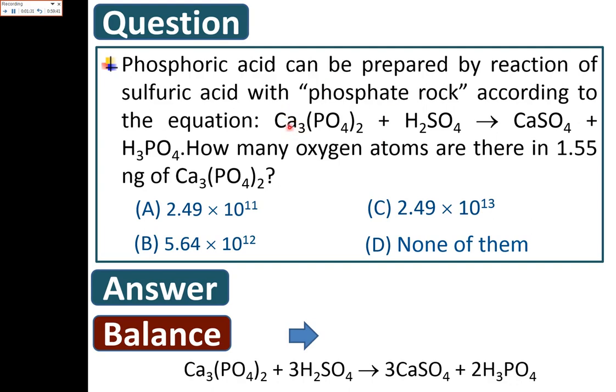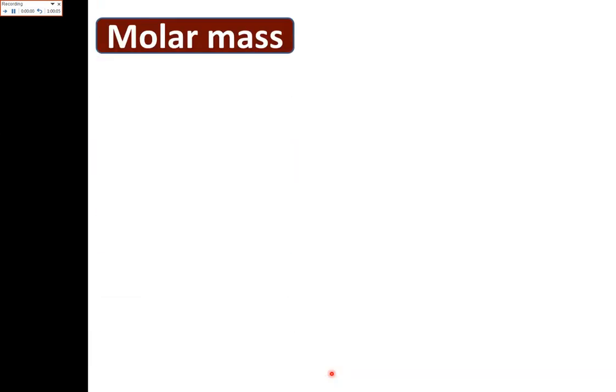We have here 3 calcium atoms, but here we have only 1, so we'll put 3 here, which makes the sulfate 3 groups. So we'll add 3 here as well, and next we will put 2 in front of the phosphoric acid, because we have here 2 phosphate groups, so the balanced equation will look like this.